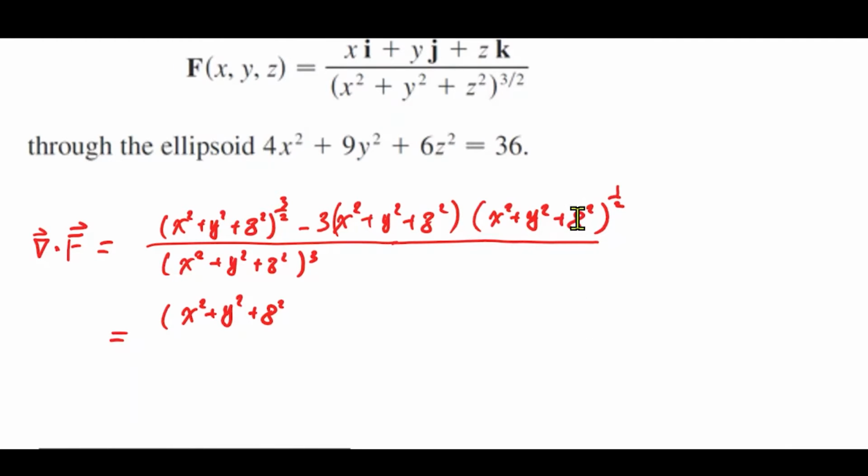Now you can see we can potentially cancel some of this, right? But then let's simplify. I don't think we even have to cancel it. This is 3 over 2 power, isn't it? Oh, I forgot.